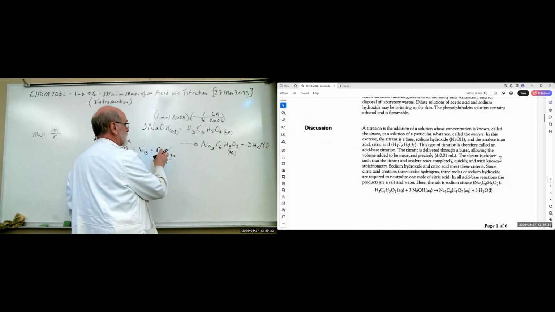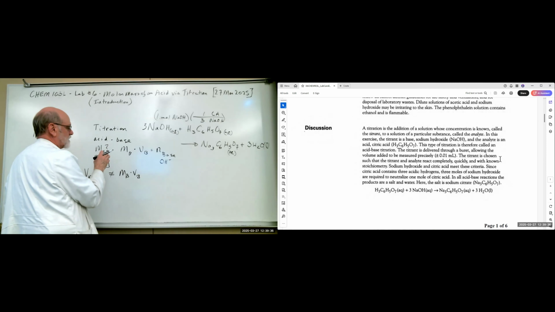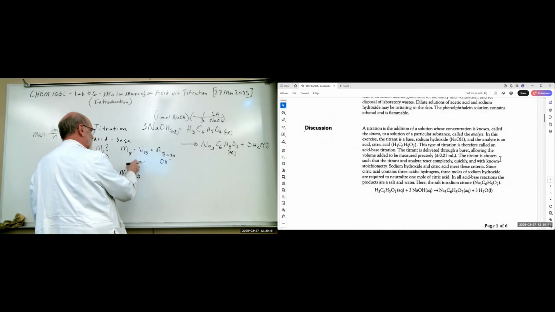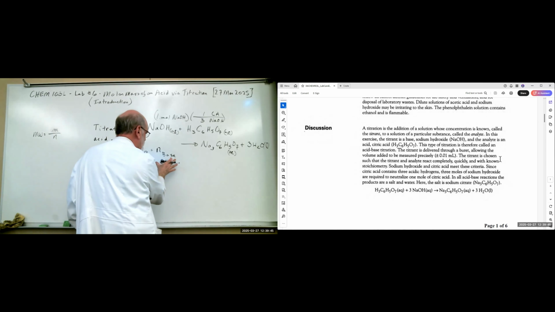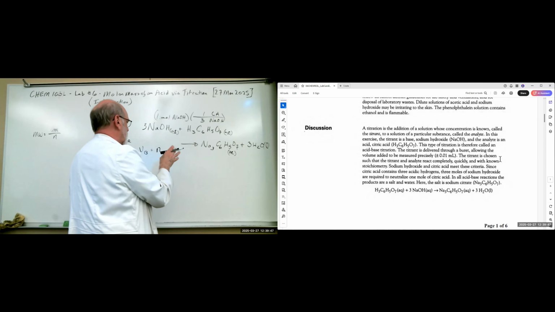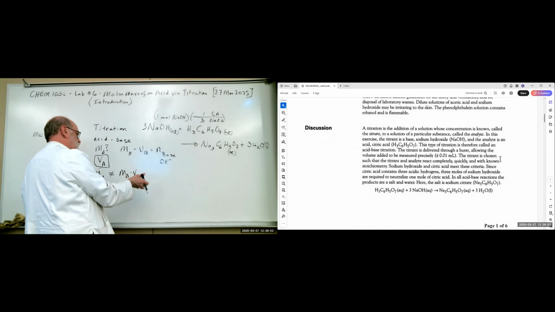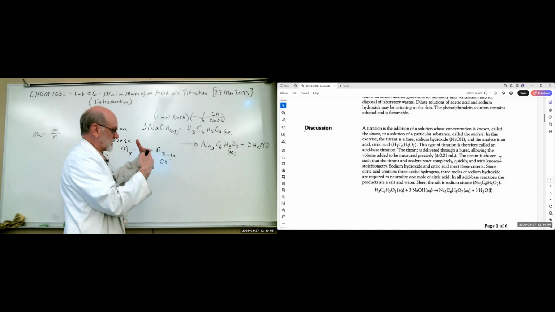Right. So once we've determined the volume of base we're using, and we multiply times its molarity, then we know how many moles of base we have used to neutralize acid. So we've reached the equivalence point.